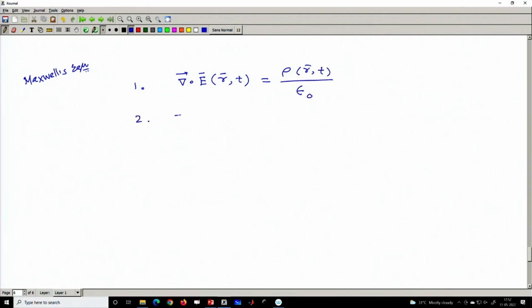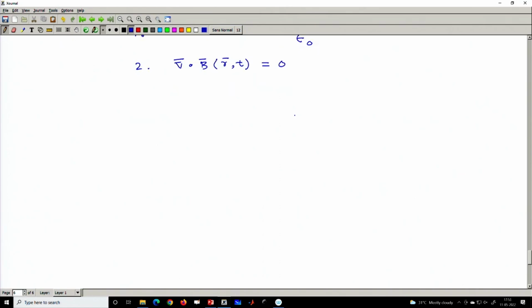The second equation is divergence of B equal to 0. Now for E and B, I have put a space and time dependency.